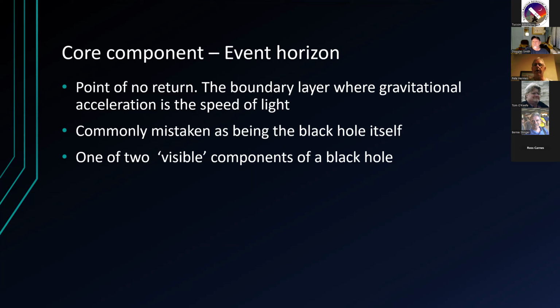Many people commonly associate the event horizon as being the black hole itself, but that's not the case. It's just the most visible component as a result of the gravitational field of the singularity.